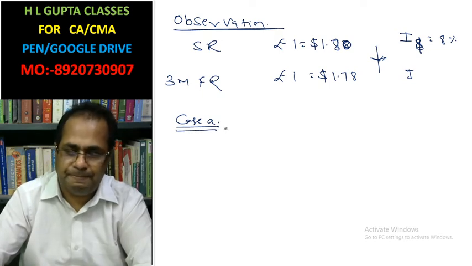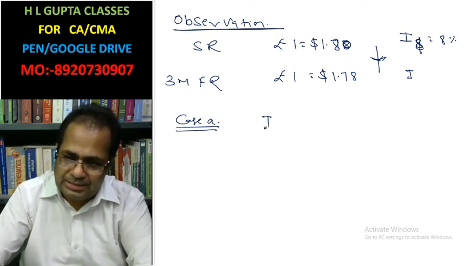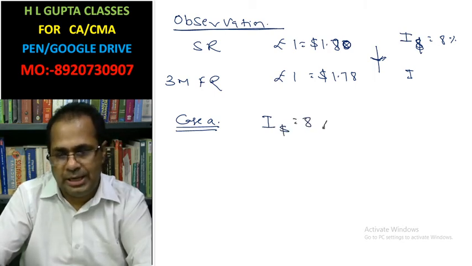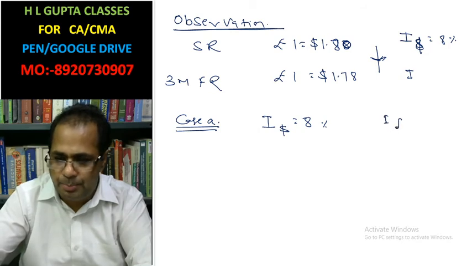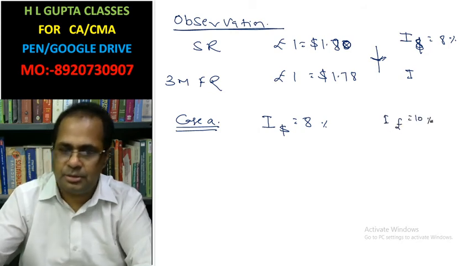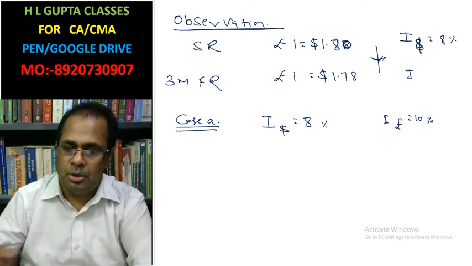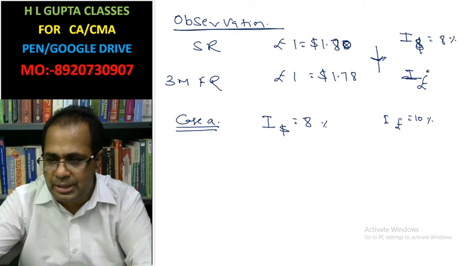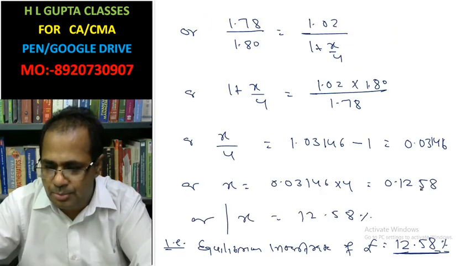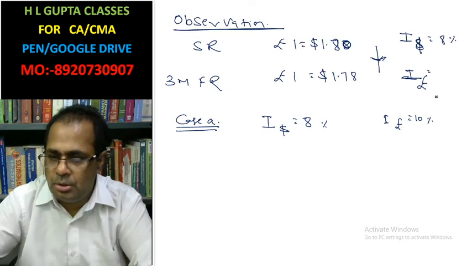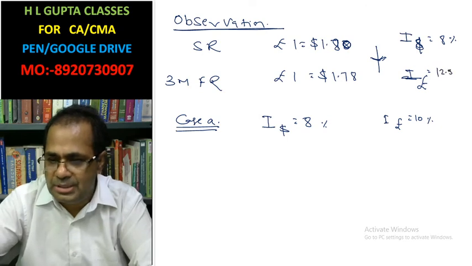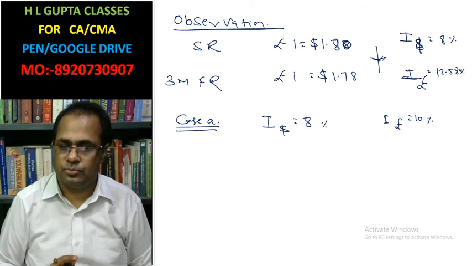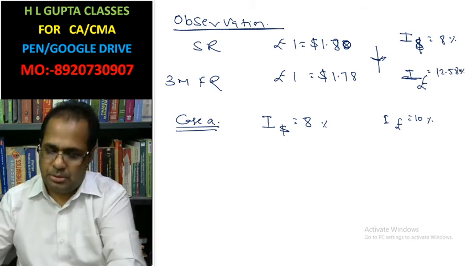Case A: interest rate of dollar was 8%, interest rate of pound was 10%. Equilibrium interest rate of pound, what is the equilibrium interest rate? 12.58%. Please try to understand. Equilibrium interest rate 12.58%.